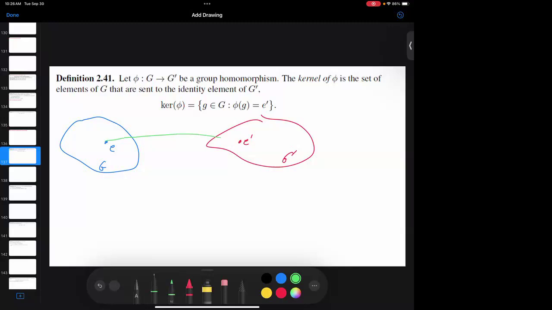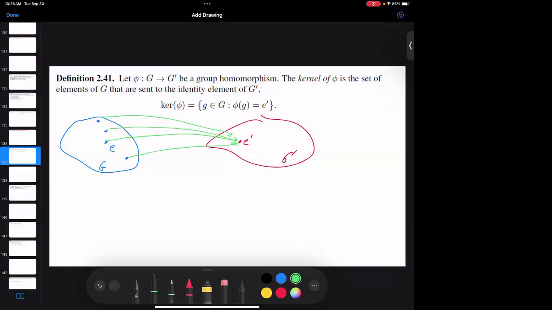Yeah, we know there's at least one element. But maybe there's other elements. And maybe these ones are also sent. And what we're saying is the set of elements that are sent to the identity element, we're going to call that the kernel of phi.